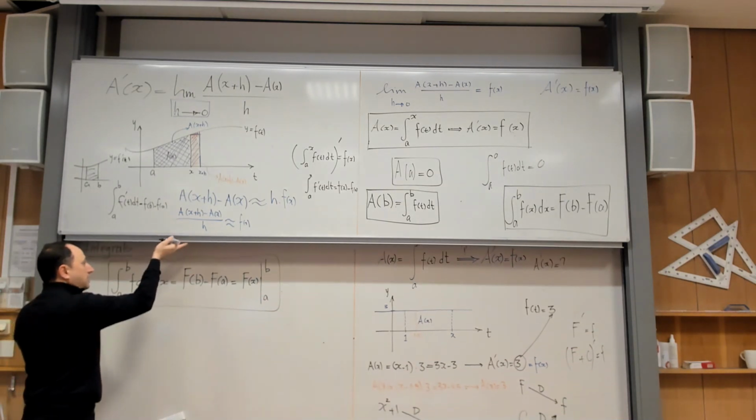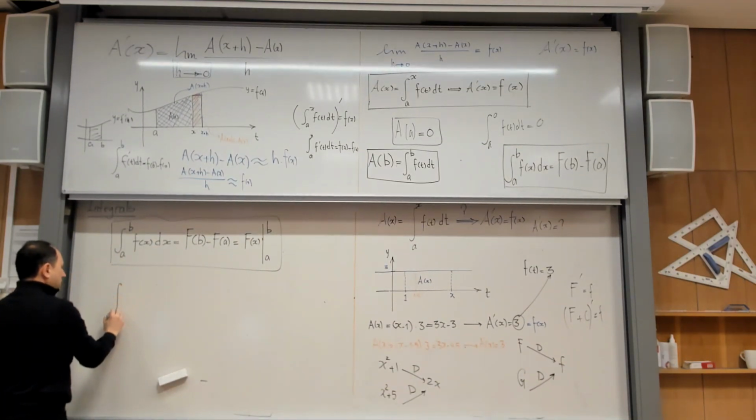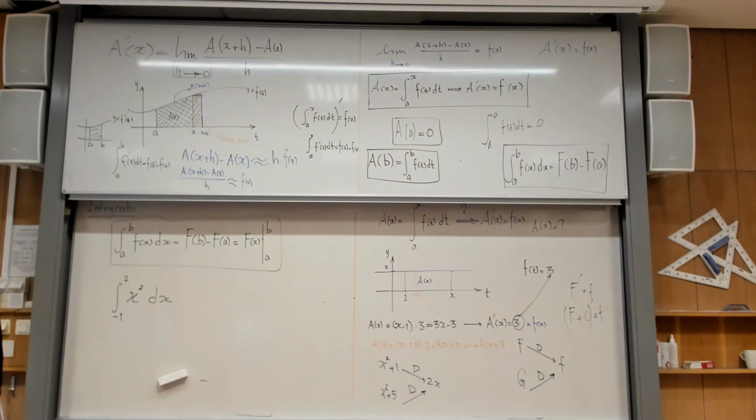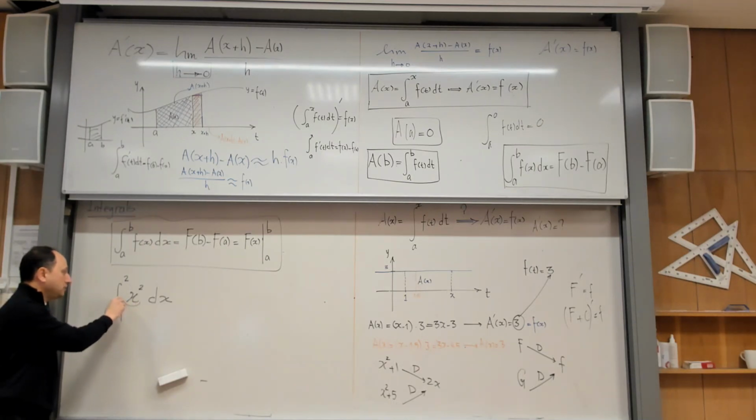So for example, if I ask you to calculate the integral from -1 to 2 of x squared dx, you want to calculate this integral. You need to ask yourself about a primitive function of the function sitting in the integral.